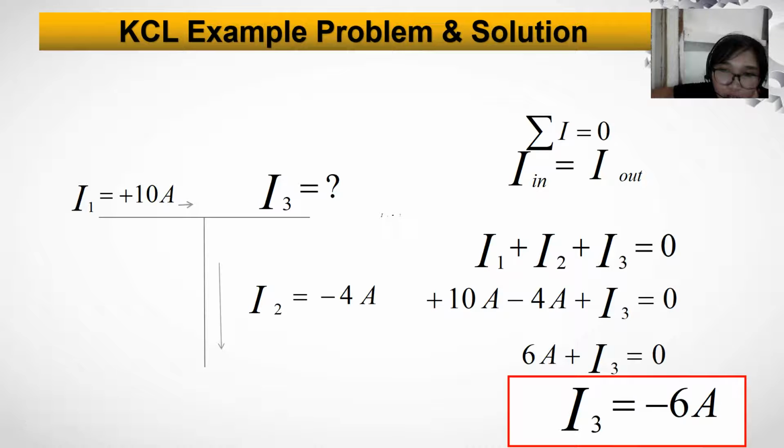We have to transfer the 6 ampere to the other side to find the current I3, and this is how the equations work. So that's why you put the negative 6 here. But if you have a negative already, like this one, then we have positive once you transfer it to the other side.